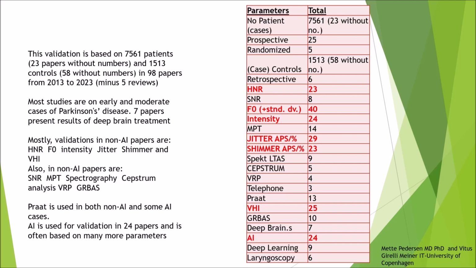PRAAT is used in both non-AI and some AI cases. AI is used for validation in 24 papers and is often based on many more parameters. Unfortunately, these parameters are more or less arbitrary and in most cases without evidence.